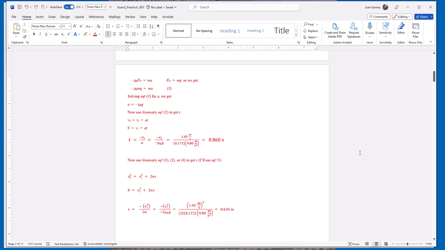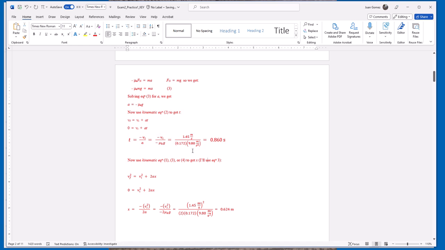Solve for t, you get minus Vi over A. Well, remember, what is A? A is minus mu k g. So that's where that comes from. In the denominator, what is A? It's minus mu k g. So the minus cancels, and plug in your numbers.